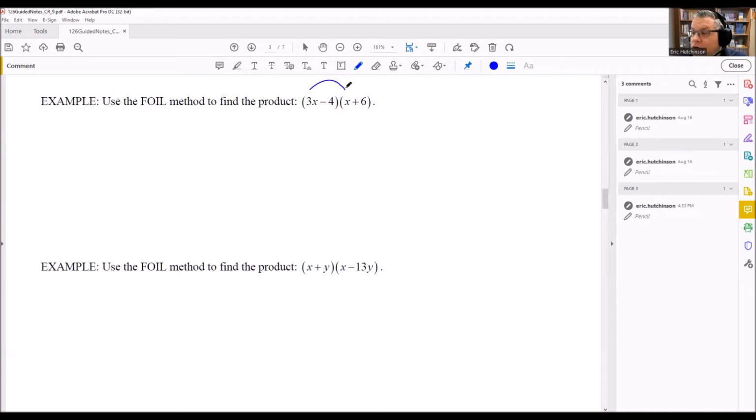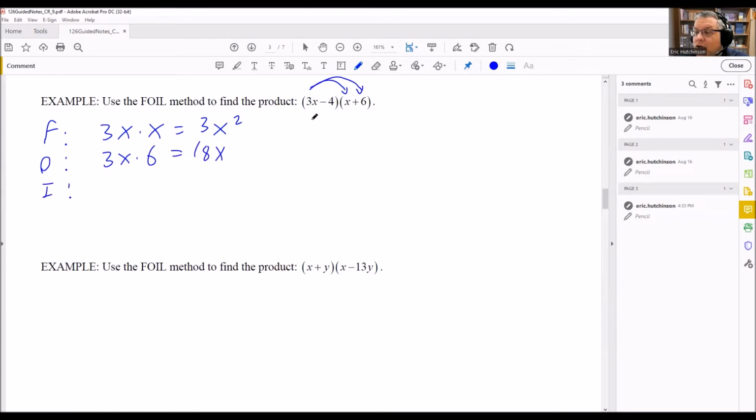So we're going to do F is the first term of this one and the first term of the second one. So 3x times x is going to be 3x squared. Then we have O, outer. That's going to be 3x times 6. 3x times 6 is 18x.